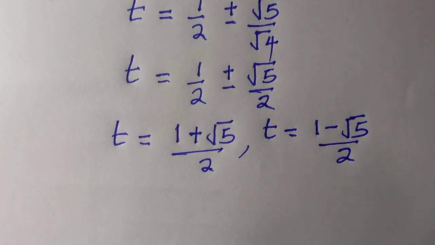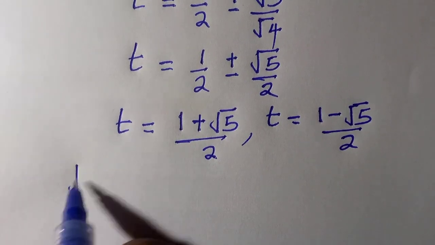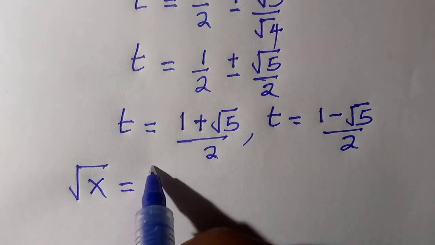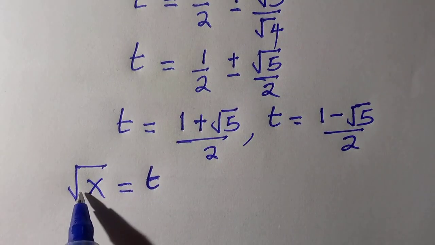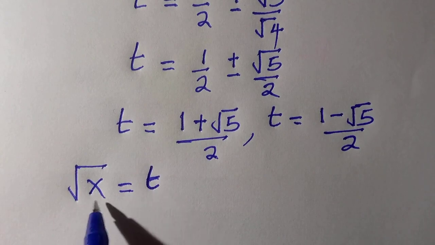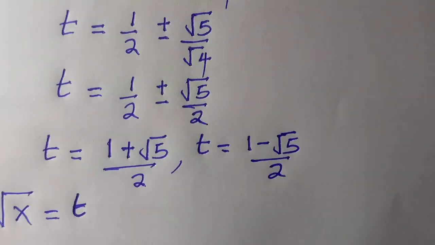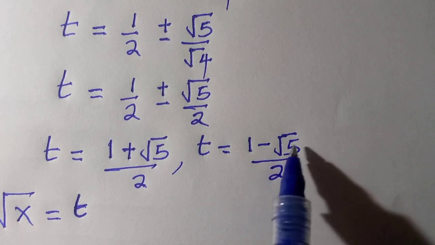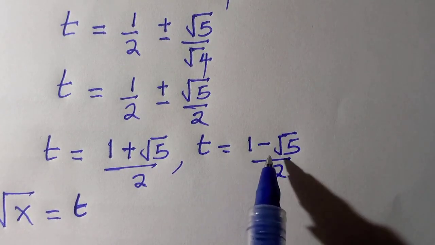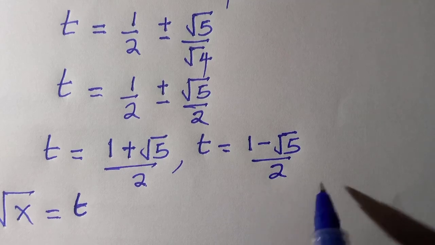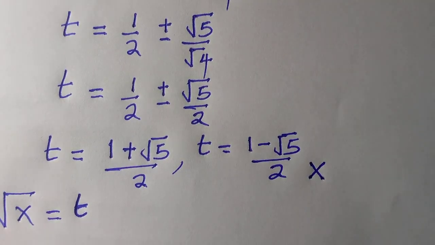When we recall from where we left, square root of x equals t. So the value of this root x and t, both of them must be positive. And if you can check this, 1 minus root 5 over 2 is negative. So which means the value of t here at 1 minus root 5 over 2 is rejected.